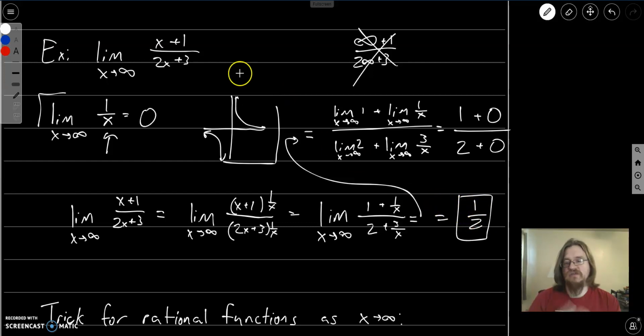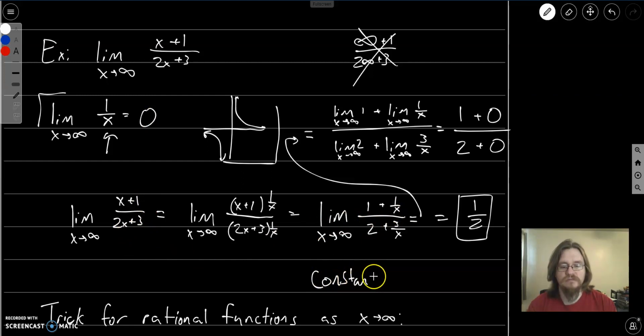So the trick here is to divide the top and bottom of the fraction by x. And we canceled out everything, and the only things that we were left with were constants, like the 1 and the 2, or some 1 over x's, like these guys.